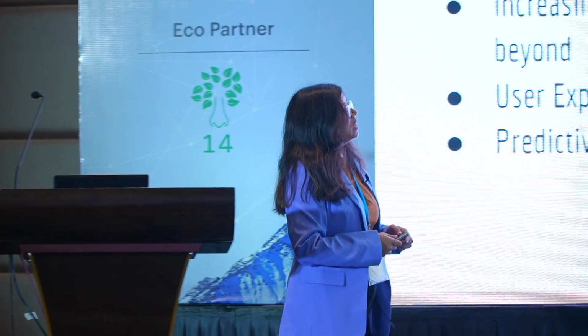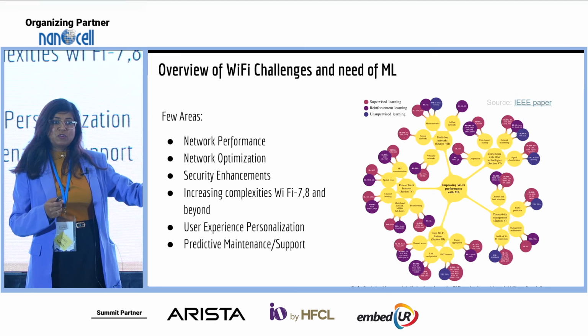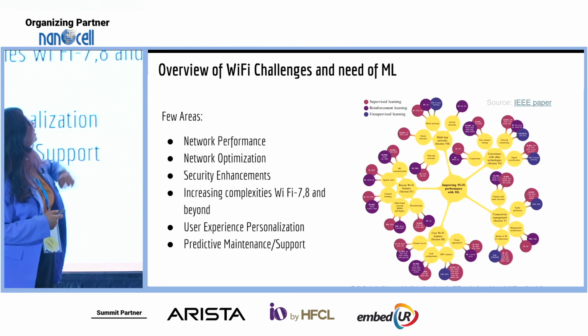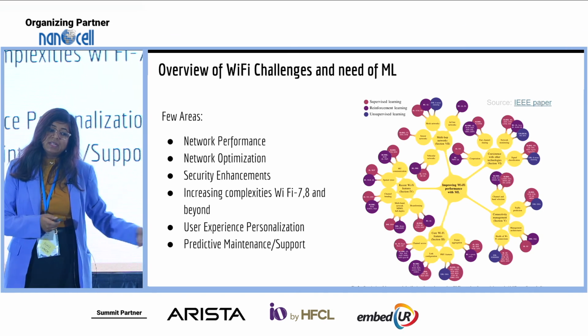Okay, so why I picked this diagram here is they have done this very interesting thing where they have categorized that increasing Wi-Fi performance is not just one algorithm or one something, right? And here I did mention supervised learning, reinforcement learning, and unsupervised learning. We'll get a little bit in depth on what these really mean.